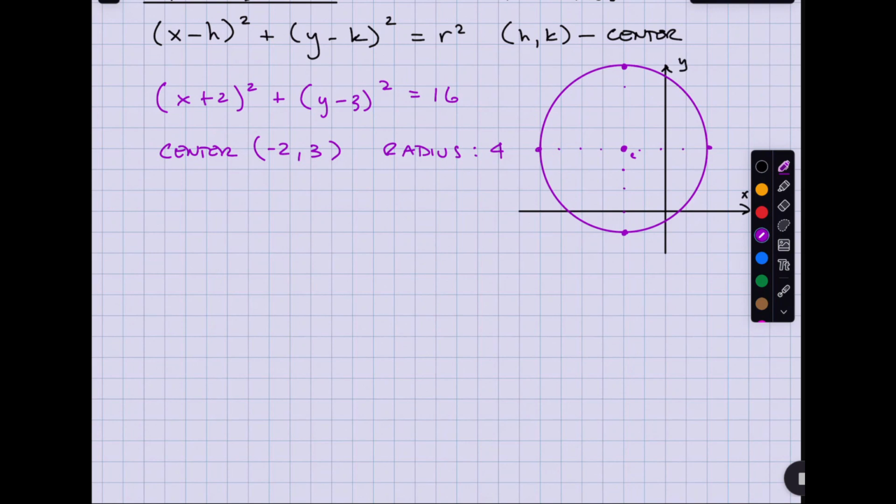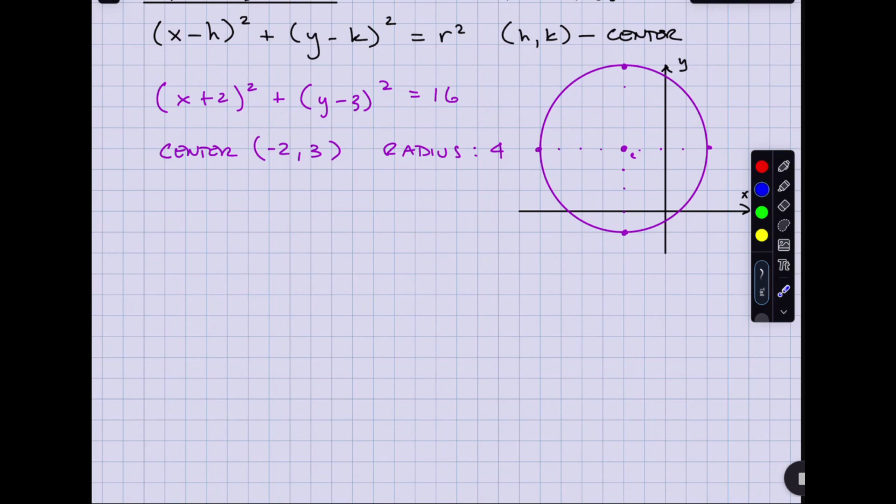So you got your center from x plus 2 squared plus y minus 3 squared. Correct. Something to remember from our transformation days: in transformations, we talked about inside the parentheses being what? Opposite.